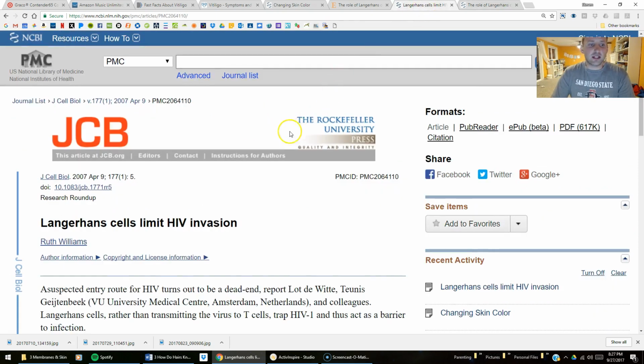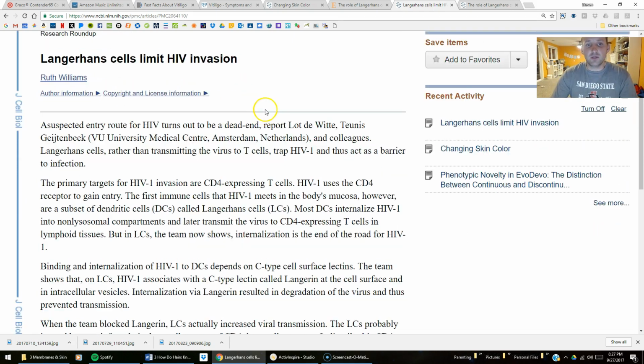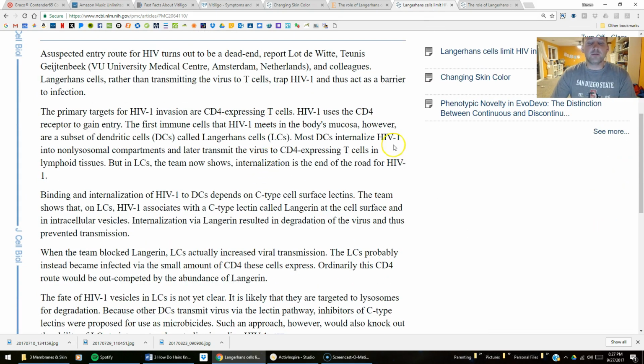So two things with Langerhans cells. One is it's thought that Langerhans cells actually limit HIV invasion, that the more you have, the more active your Langerhans cells are, the more limited HIV invasion, which oftentimes happens in the genital region, even among heterosexual partners, way more common in homosexual partners. But even heterosexual partners, it's thought to start through the skin with Langerhans cells.